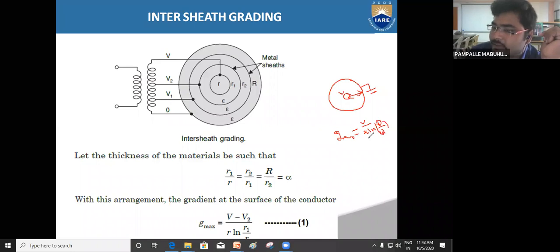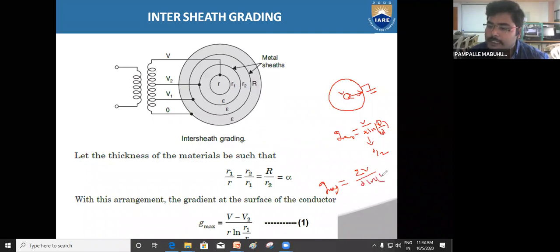Here x will be small d by 2. So your G max value is 2V by (d into log capital D by small d).